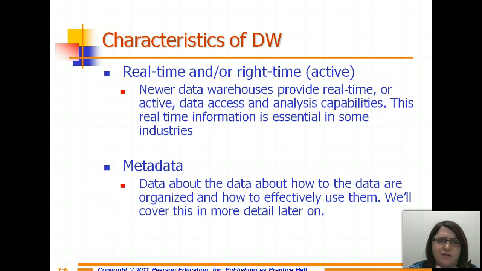Okay, and another characteristic is that it's real time, or right time, sorry. Newer data warehouses provide real-time data. Some industries require real-time information. We'll get into that a little more in later slides. But just know the older data warehouses didn't have real-time information. They had historical information. So your newer databases are going to have your real-time information.